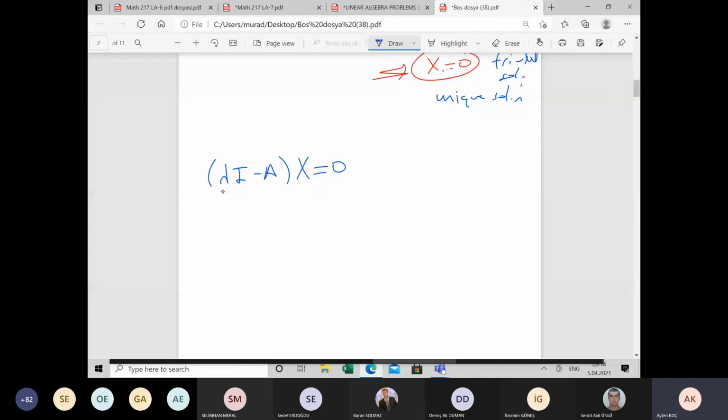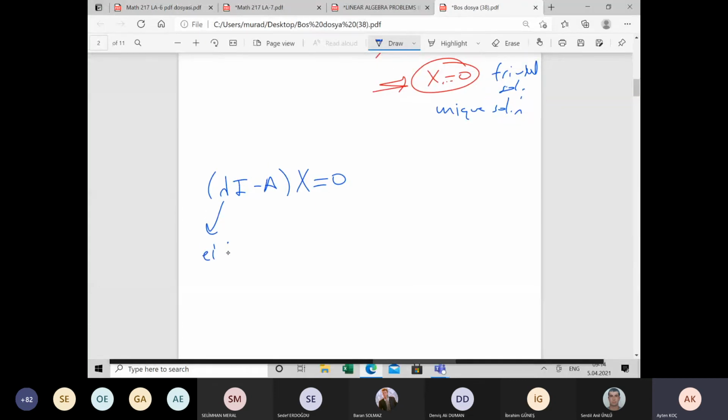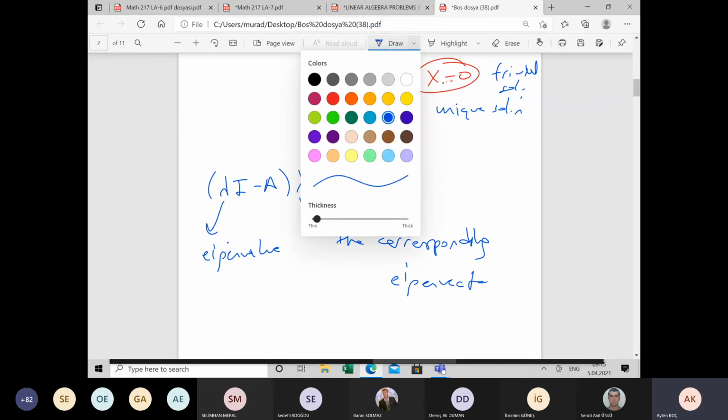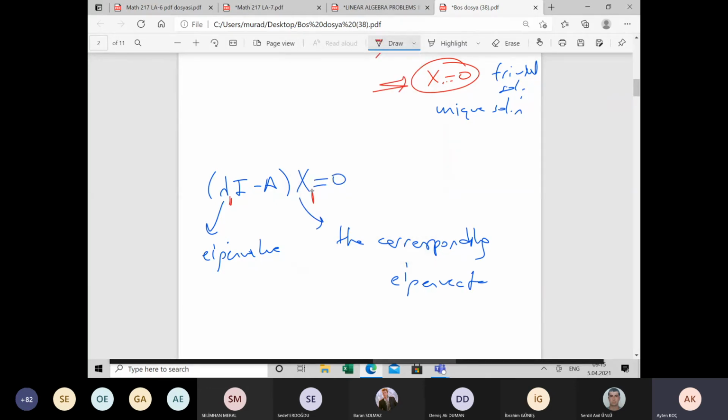So we have 3 eigenvalues. Take lambda 1, and we obtain one eigenvector x1. Take lambda 2, we obtain x2. Lambda 3, we obtain x3. First, write in the equation lambda 1, the first eigenvalue. We obtain one homogeneous system. Solve this homogeneous system, find x1.